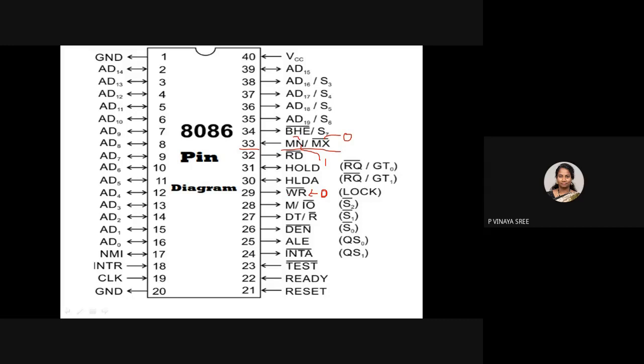If there is no bar, that pin will be enabled if it is logic 1.